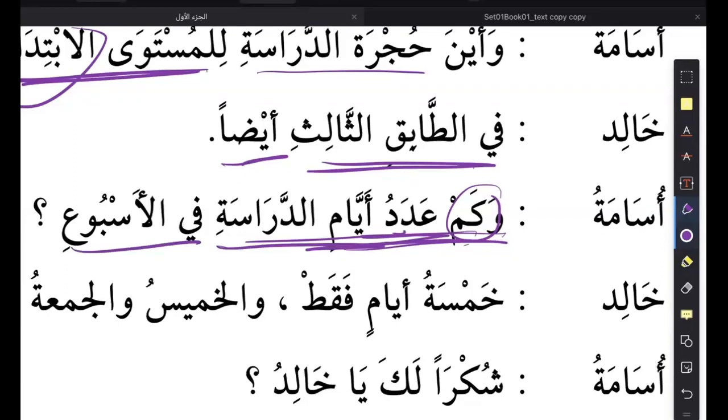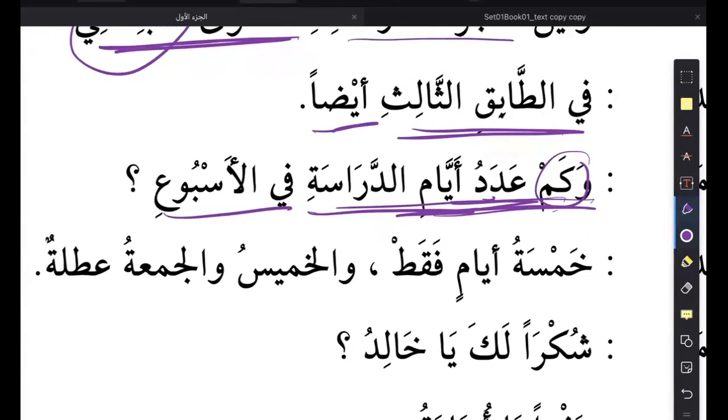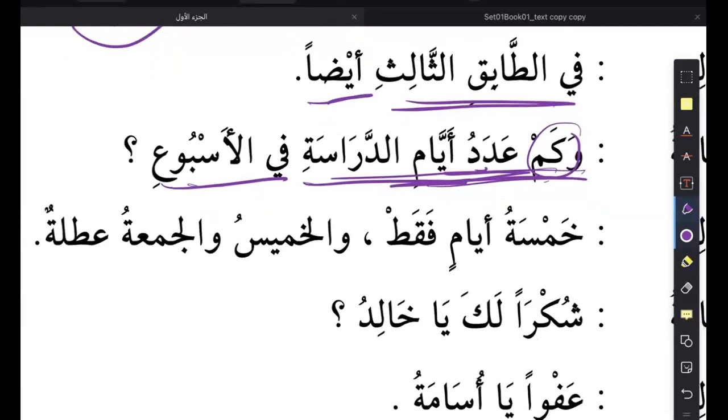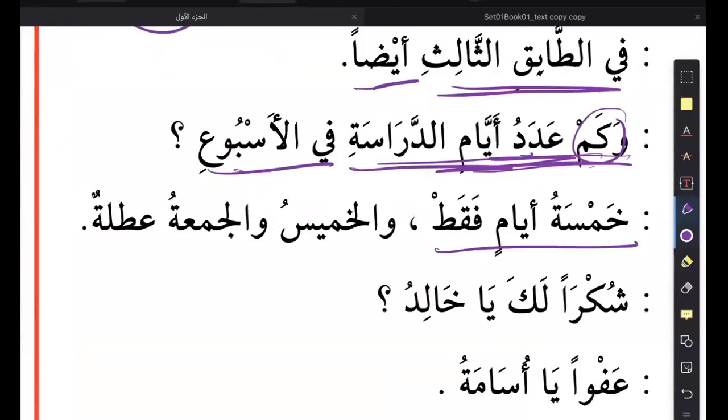The book is trying a lot for you to understand different ways of asking about numbers. In English, oftentimes we will say how many books. Sometimes we'll say how many numbers of books do you have? It depends on how you ask. So basically, he's asking how many days we're studying in the week, and he answers خمسة أيام فقط, 5 days only. الخميس والجمعة عطلة.